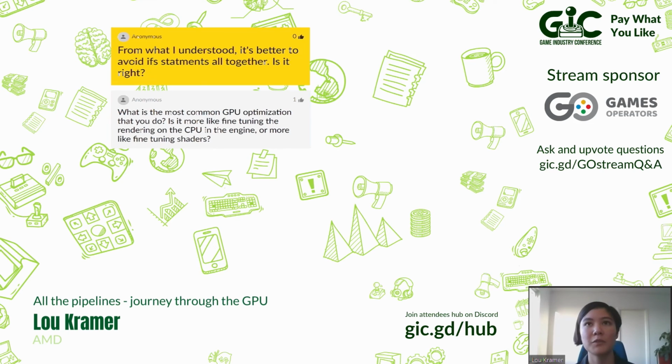So if you have a potential that a thread does a lot of steps, or you can divide the steps among multiple threads that can work at the same time, then it's usually advisable to do so. Because if you have more threads running in parallel, the GPU is also more occupied. So you have more threads running on the GPU at the same time.